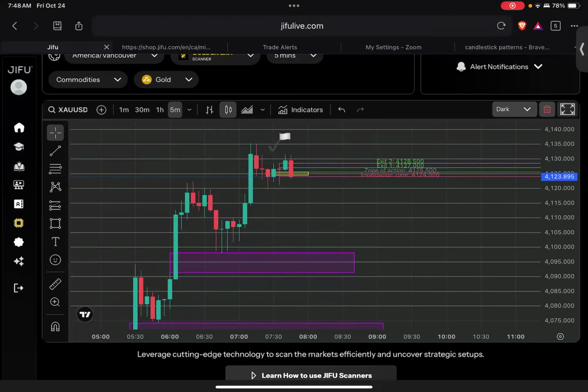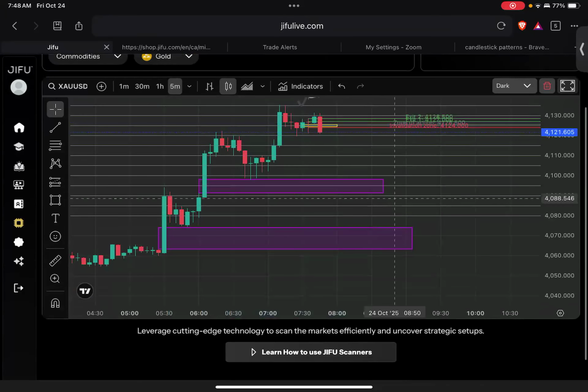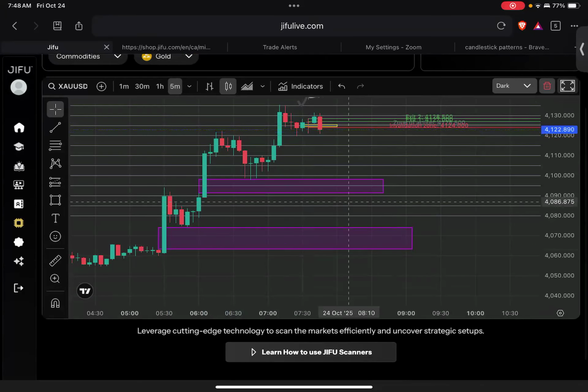Depending on how this candle closes, we will see. And if we do get a reaction from one of these zones down here, I would look to swing this for the rest of the day to these highs, and continue that trend that we're in.